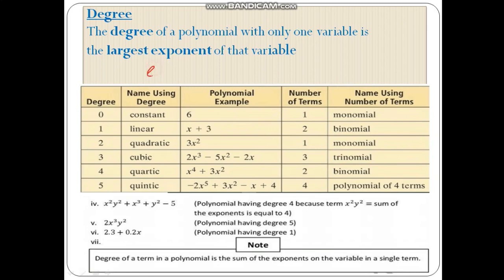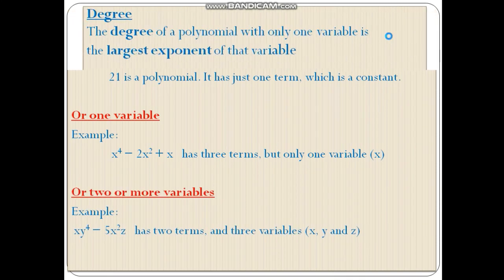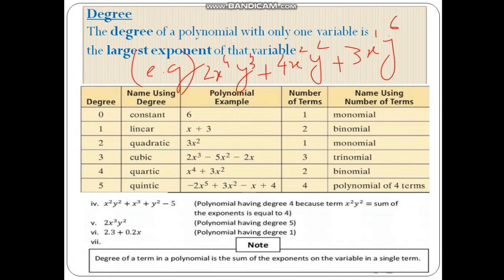Like I have 2x^4 y^3 plus 4x^2 y^2 plus 3x^1 y^6. So what will be the degree of this polynomial? Let us add the exponents of all the terms one by one.